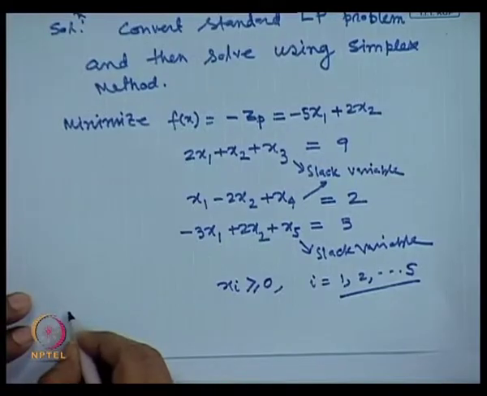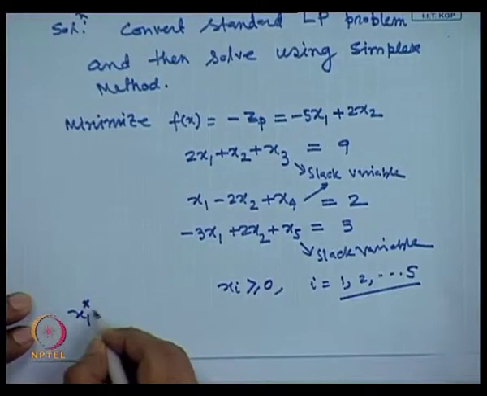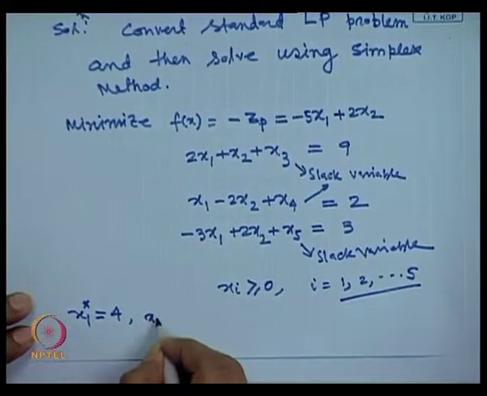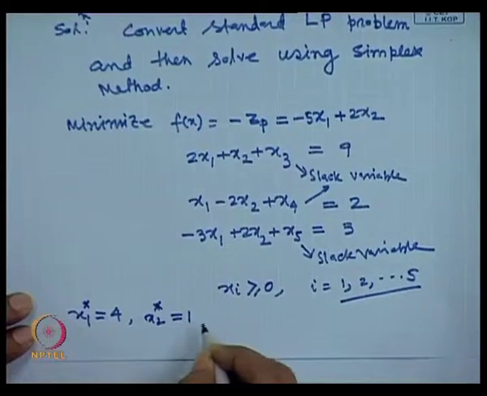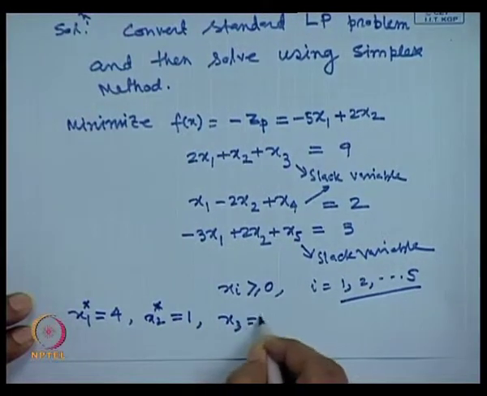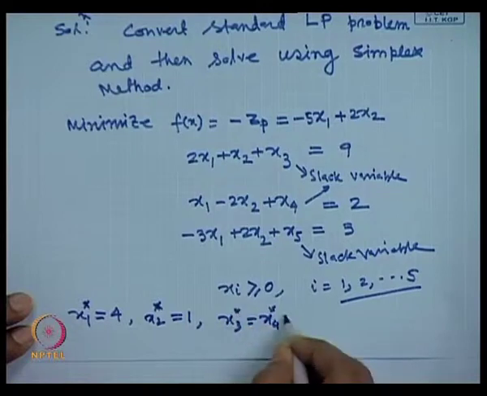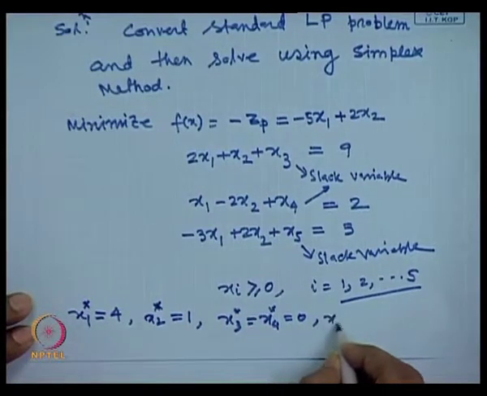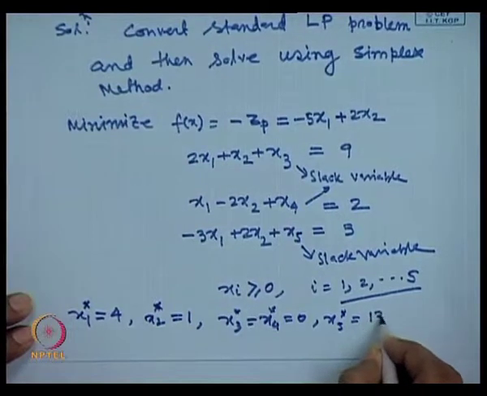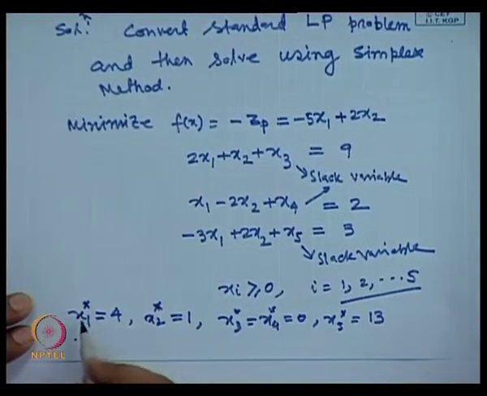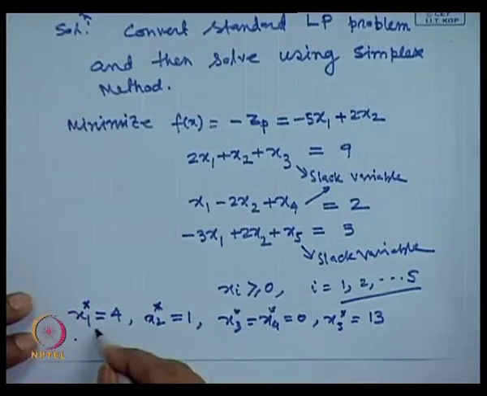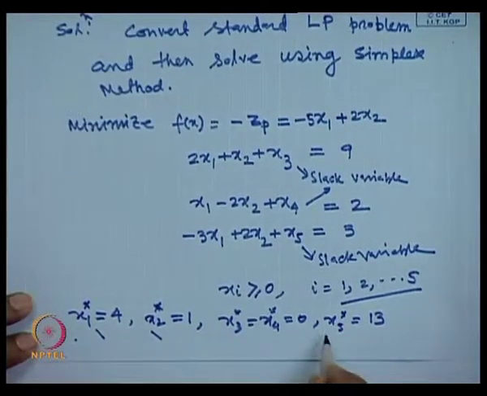If you solve it, you will get the optimal solution: x1 star is 4, x2 star is 1, x3 star and x4 star are 0, and x5 star you will get 13. In the tabular form, our basic variables are x1, x2 and x5.